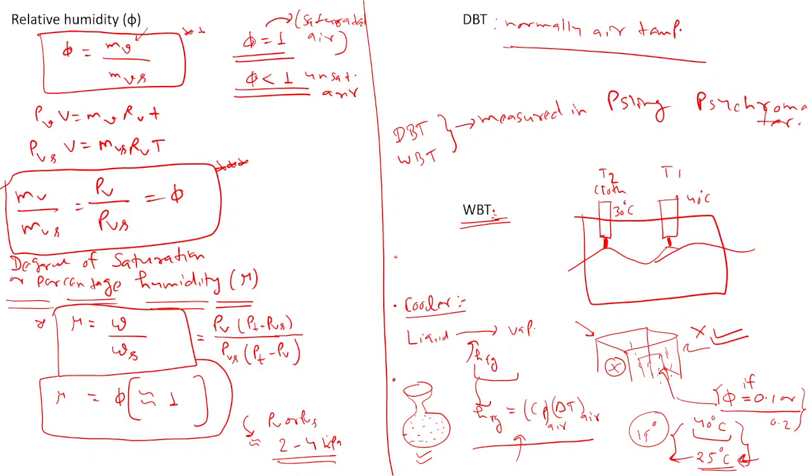In that, PVR, what is the PVR? There is an equation in the left corner, MV by MVR, with a subscript R. MV by MVR equal to PV by PVR equal to phi, relative humidity.